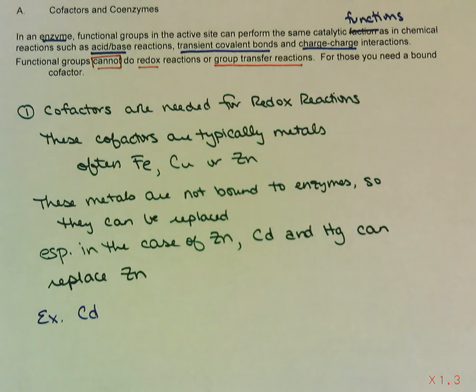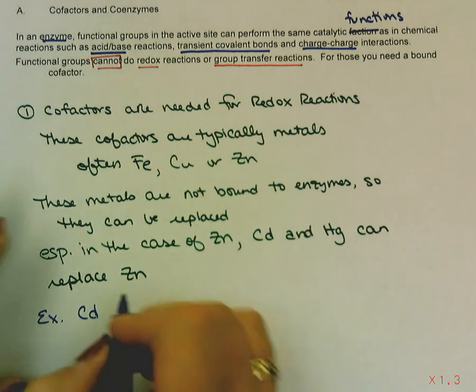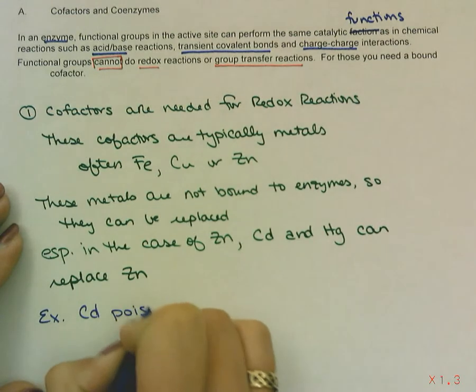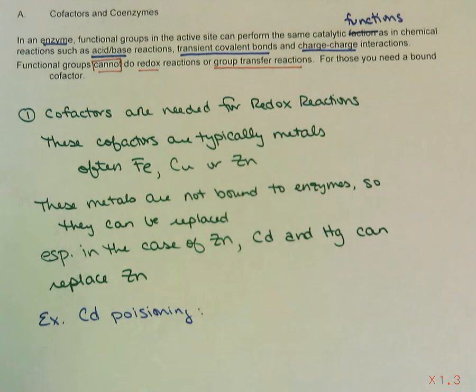So that's why you're supposed to be careful with products made from China, because they don't have the same safety regulations that we have here about cadmium and lead levels in their toys. So cadmium, so cadmium poisoning.